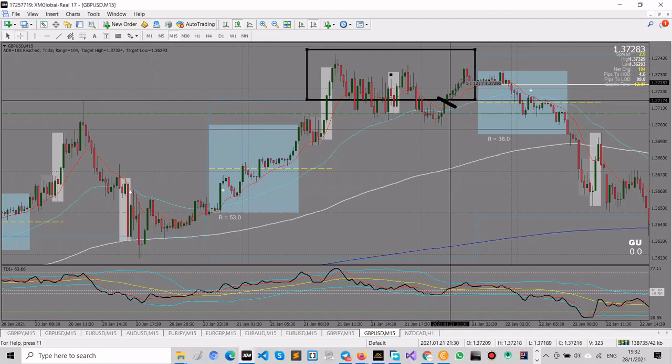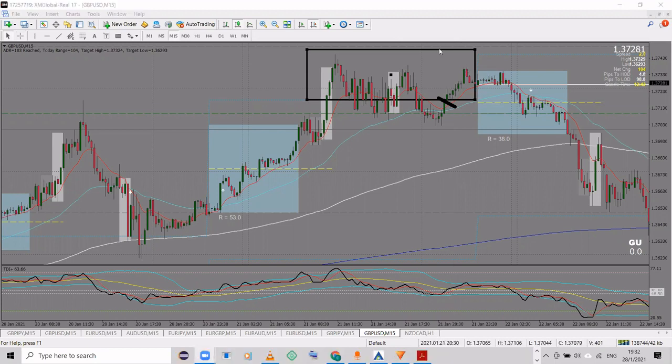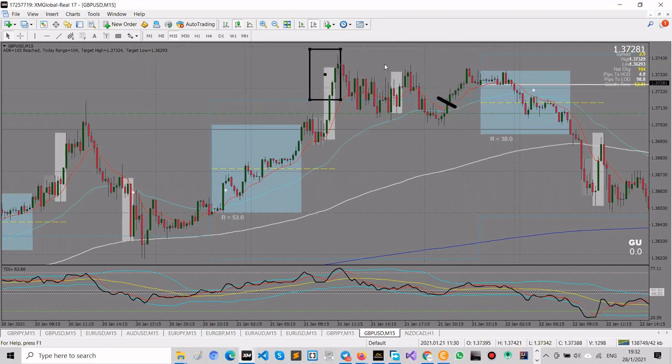How many pips? Not many pips though, but it's still something. You would have gotten something out of this. 20 pips times 100 lots, that's around $20,000.